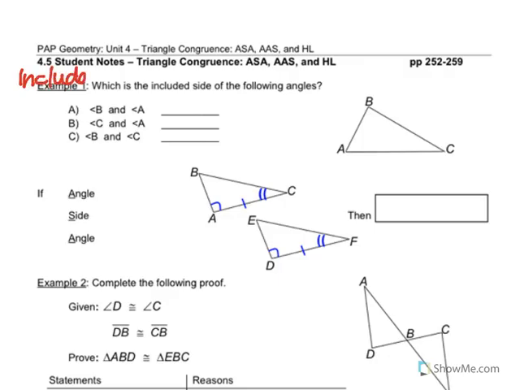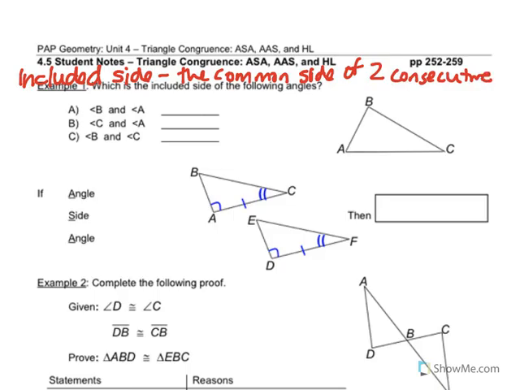Now, in our previous lesson, we talked about an included angle, which was an angle that's shared by 2 sides. In other words, it's the angle in the middle. This time, the included side is going to be the common side of 2 consecutive angles of a polygon.